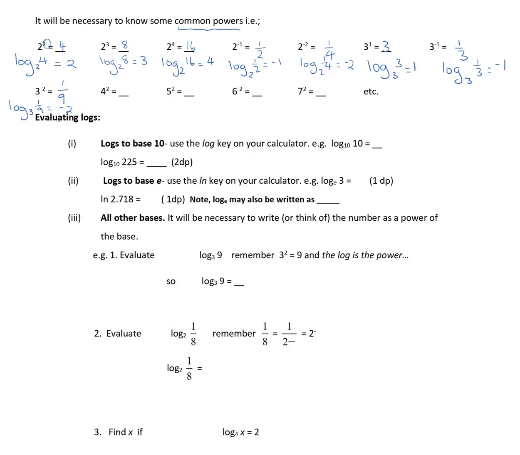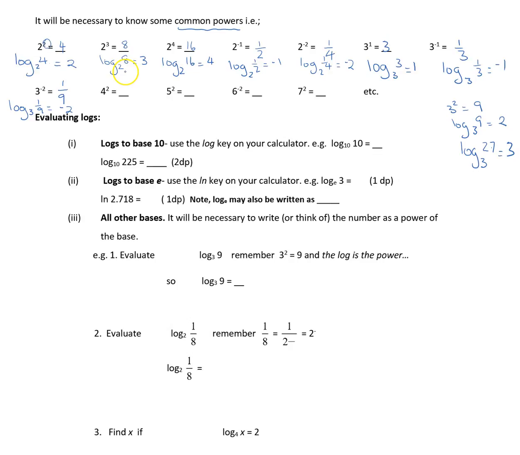Of course, then there are the more familiar ones. 3 squared is 9. You could be asked to find the log of 9 to base 3, and that's 2. And log of 27 to base 3. 3 3s are 9, 9 3s are 27. So when we've got a base 3, numbers like 9, 27, 1 on 9, 1 on 27, 1 on 3 are common numbers.